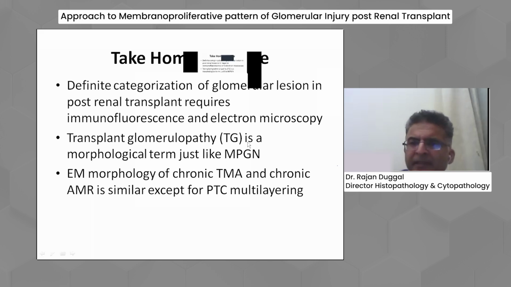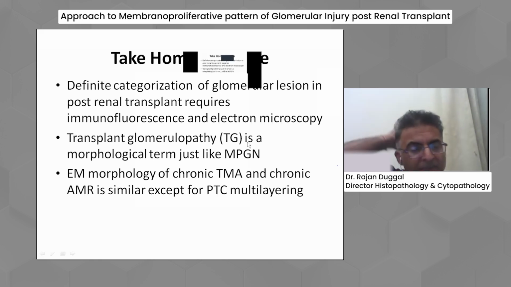So if I find mild ATN and 2 out of 10 glomeruli showing TMA, I would consider the possibility of CNI toxicity. On the other hand, if I find diffuse TMA and there is ATN which is severe, I would raise a possibility that this could be acute ABMR. But remember that even a recurrent or de novo HUS or TTP can show similar morphology. Always remember TMA is just a morphological term.